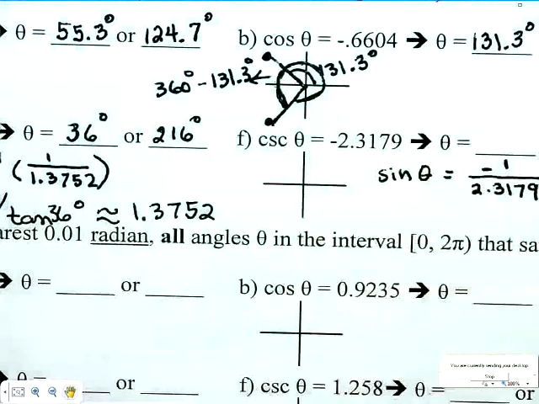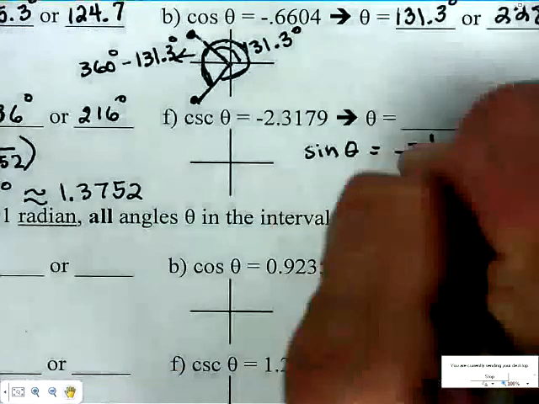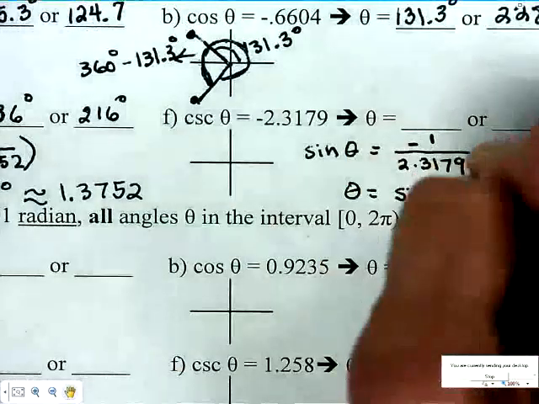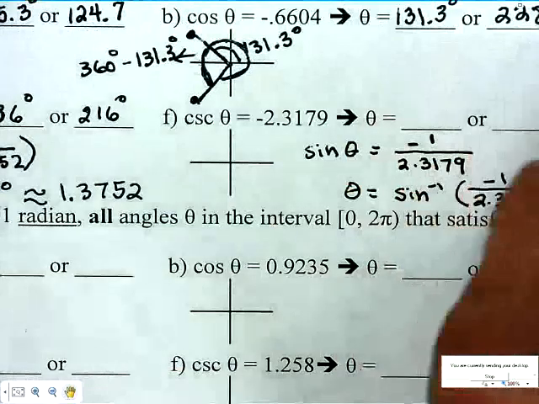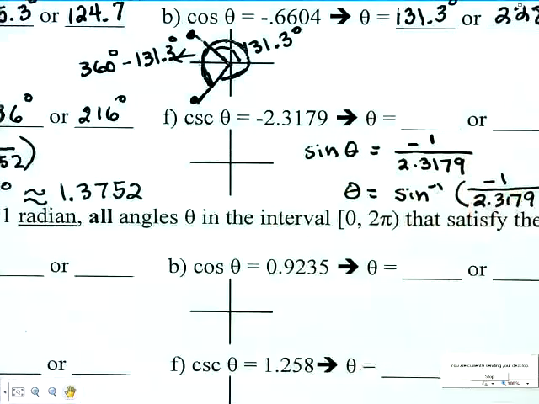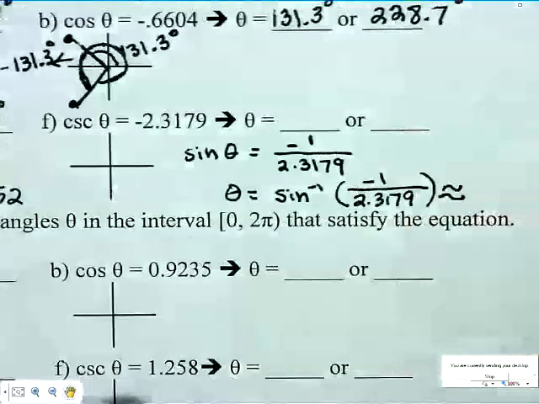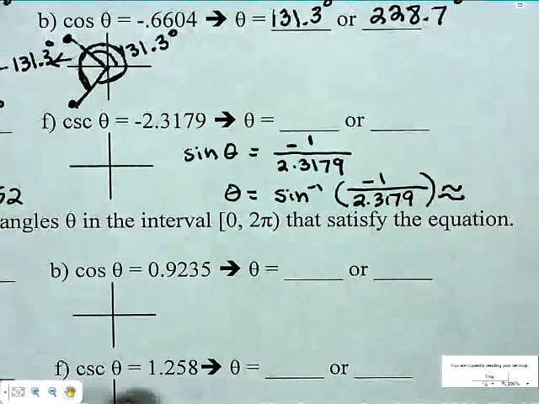So to find theta, I'm going to have to use inverse sine of -1 over 2.3179. And I got that to be, let's see, to the nearest tenth of a degree, 334.4.